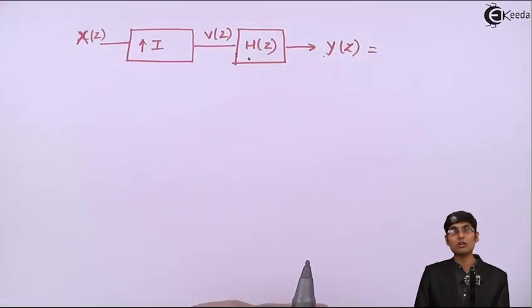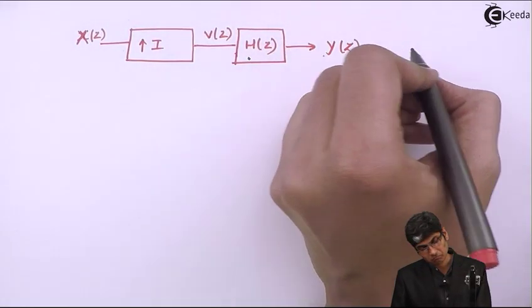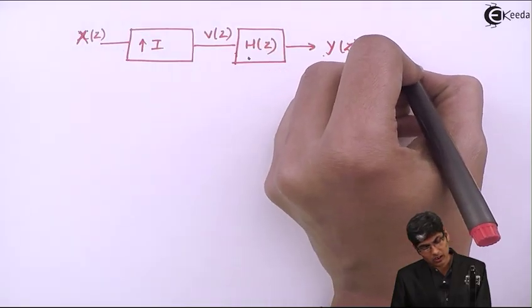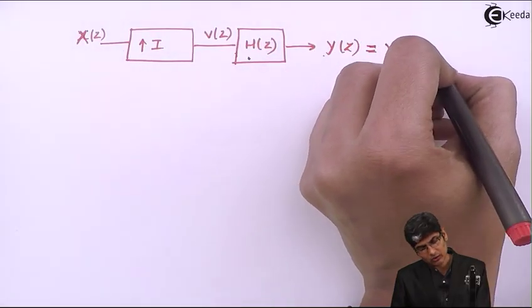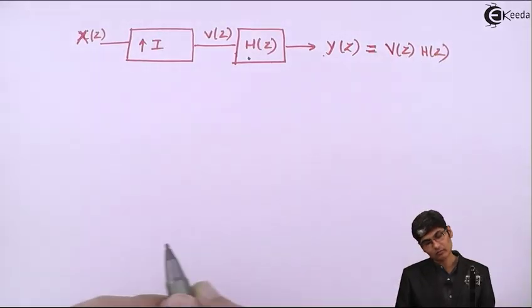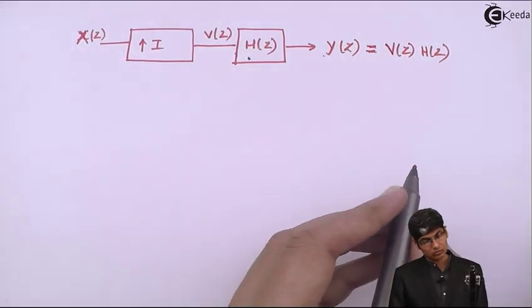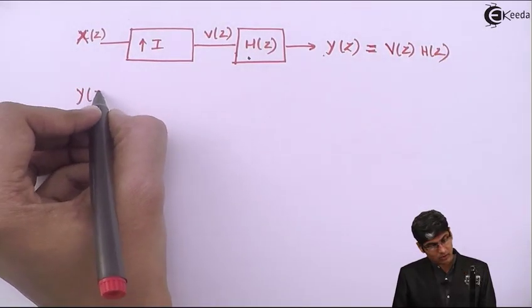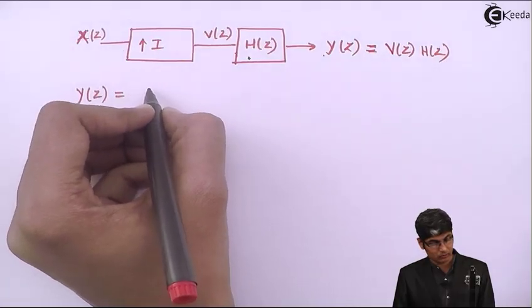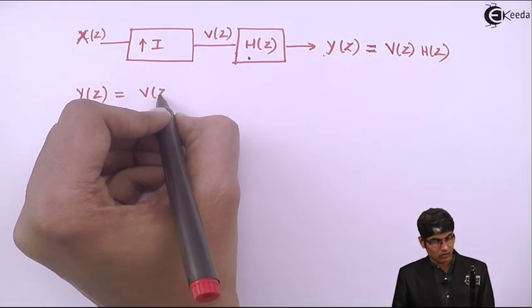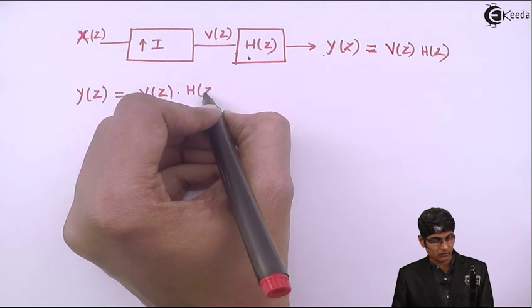What will be y of z according to the convolution property? It will be v of z into h of z. So y of z will be equal to v of z into h of z.